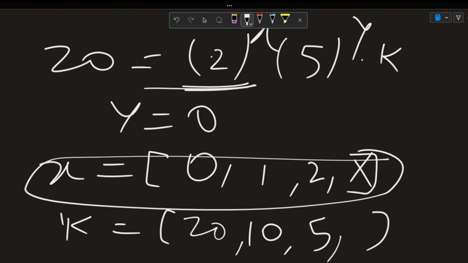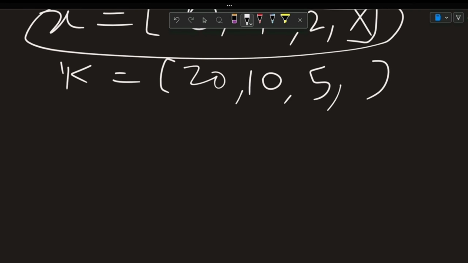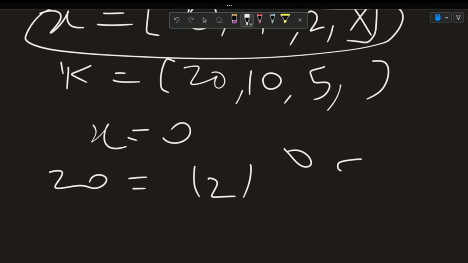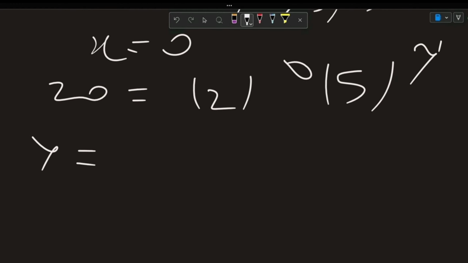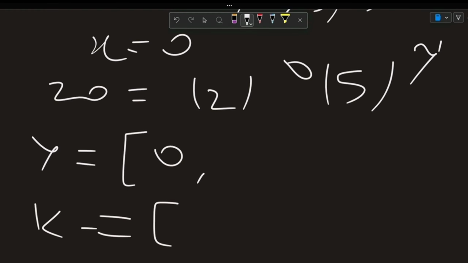I stored this. I will now check for y. Suppose x is equal to 0, and the equation was 2 raised to power 0 and 5 raised to power y. Now I need to change the values of y. If y is equal to 0, then k would be 20 divided by 1, which is 20 itself.